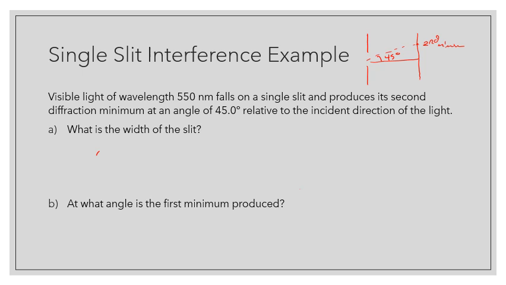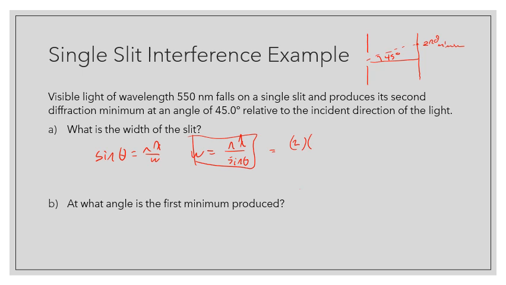So we have this equation, sine theta is equal to n lambda over w. We need to solve for w, so we rearrange using algebra. So w is equal to n times lambda over sine of theta. That's equal to 2, which is n, times lambda.